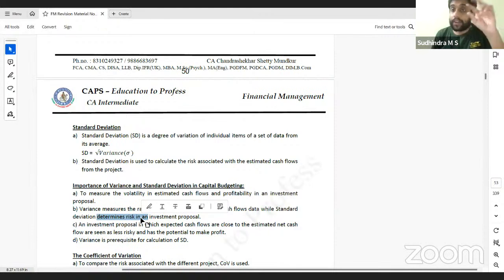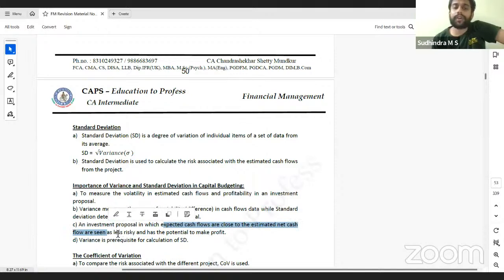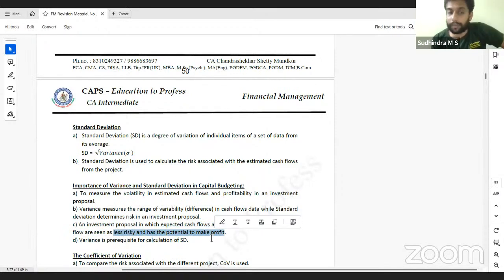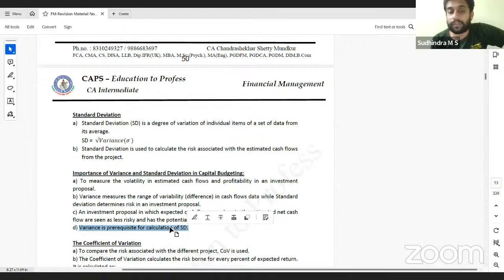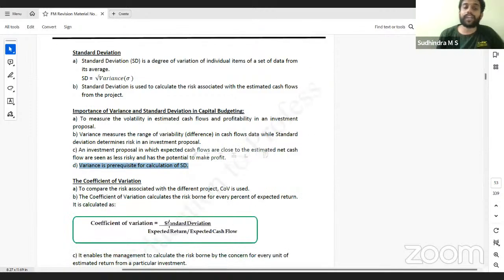An investment proposal in which expected cash flows are close to the estimated net cash flow is seen as less risky, with potential to make profits. Variance is a prerequisite for calculating standard deviation because standard deviation is the square root of variance. Coefficient of variation, we know, is standard deviation by arithmetic mean into 100.